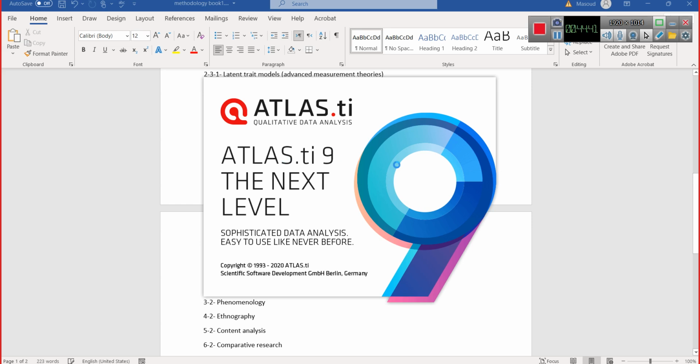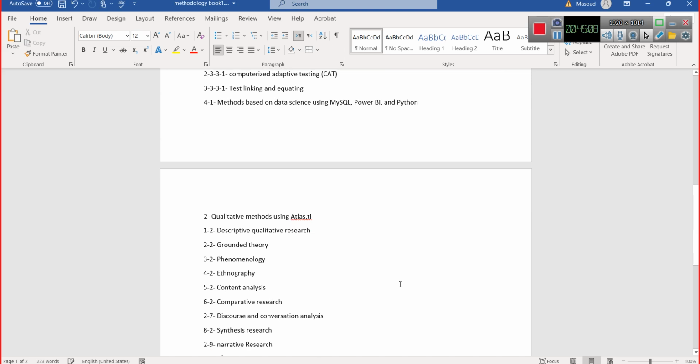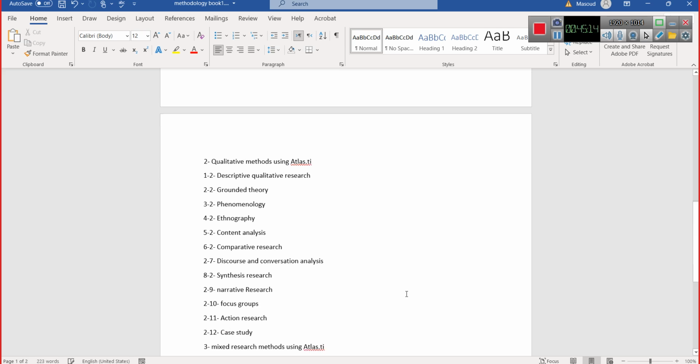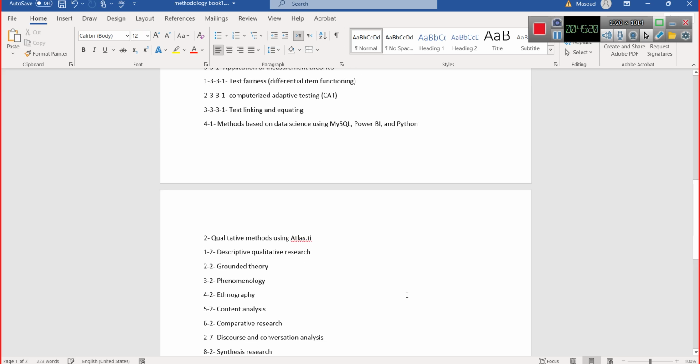For example, some of the well-known qualitative research designs include phenomenology, ethnography, content analysis, comparative research, discourse and conversation analysis, theme synthesis research, narrative research, focus groups, action research, case study, and a general design like descriptive qualitative research.